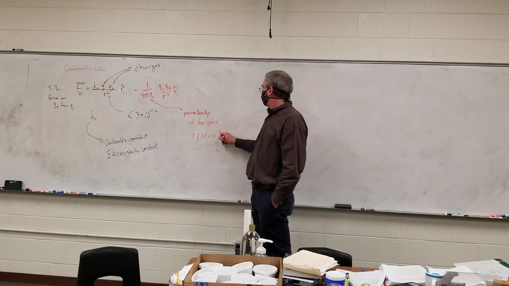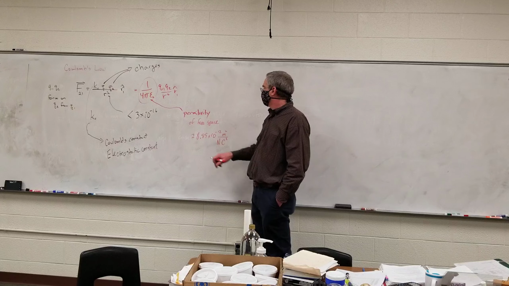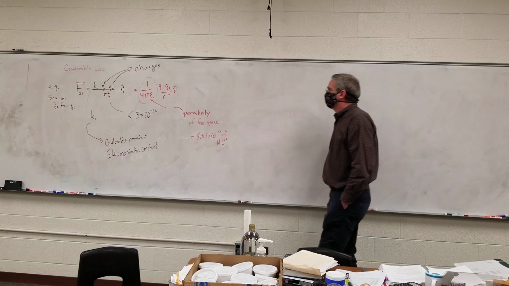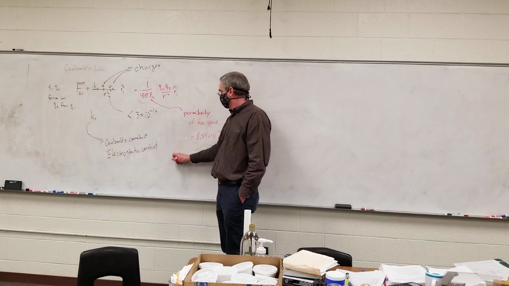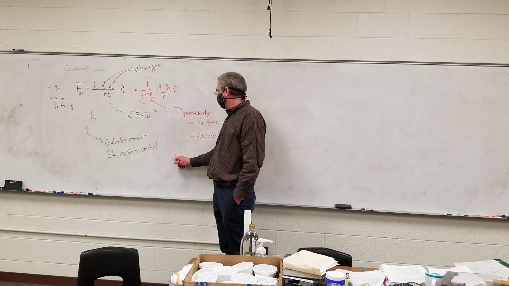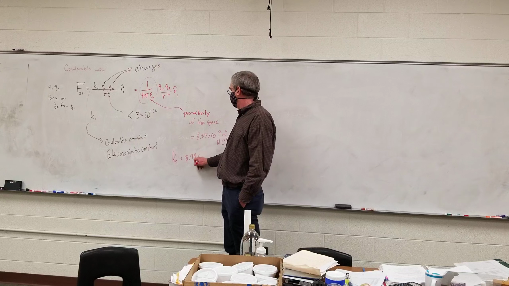That would be meter squared per Newton Coulomb squared. Whereas K, if I can write that better, K sub E is approximately equal to 8.99 times 10 to the 9th.